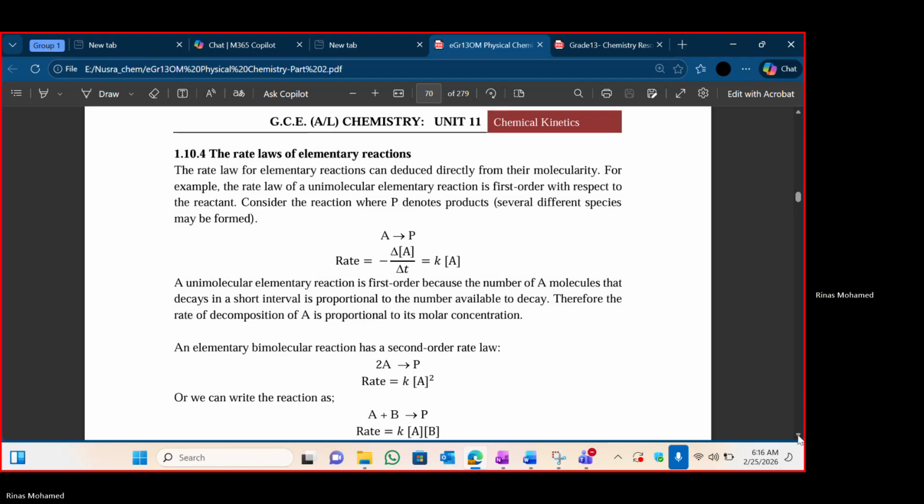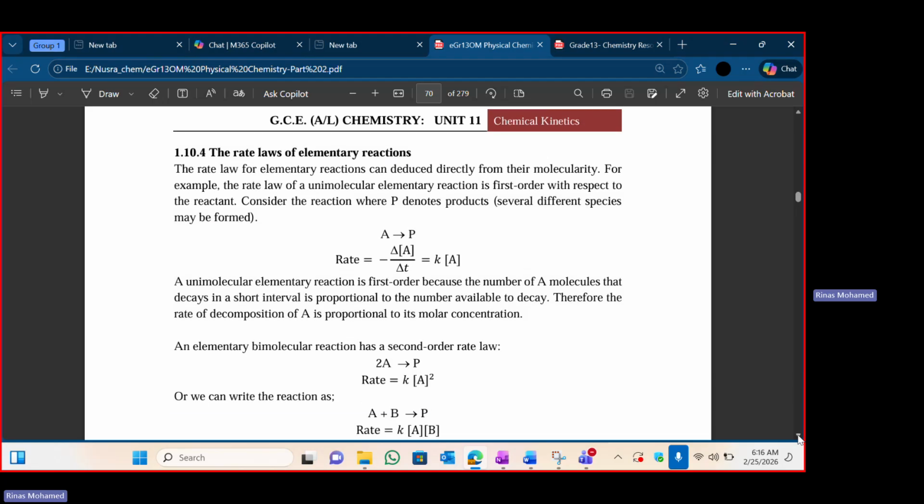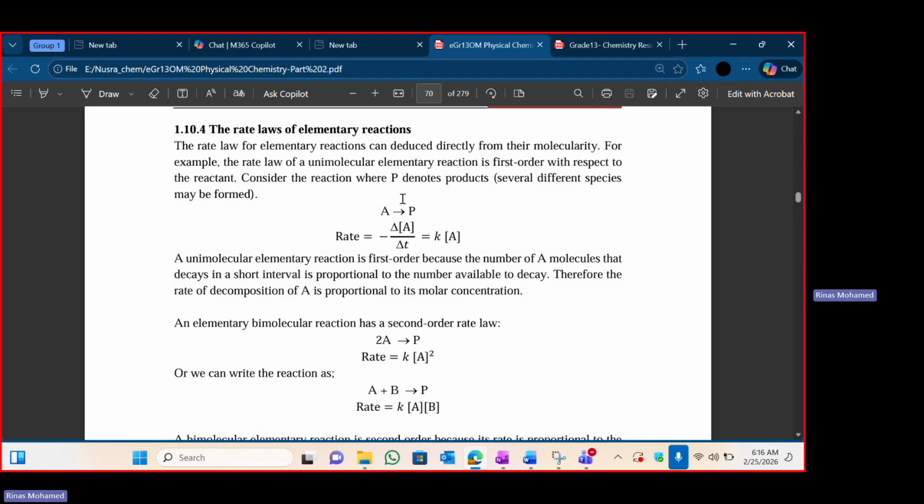We know that rate means change divided by time, that is, rate of change of concentration or rate of change of mole amount.